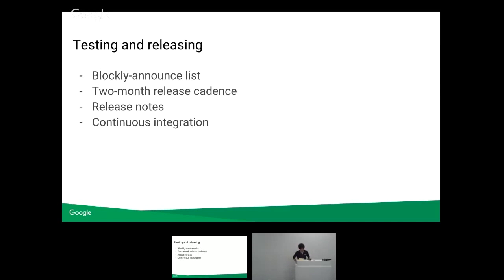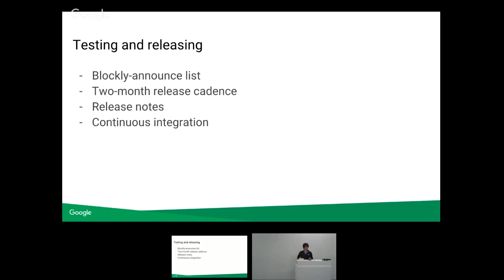Last but not least, testing and releasing. You may have noticed that we have an announce list now. That's pretty new. People said that they didn't want to be subscribed fully to our Blockly developer list because they were getting too many messages. I consider that a success. If we have enough of you talking to each other on the developer list that people are complaining that they get too many messages a day, I'm happy.